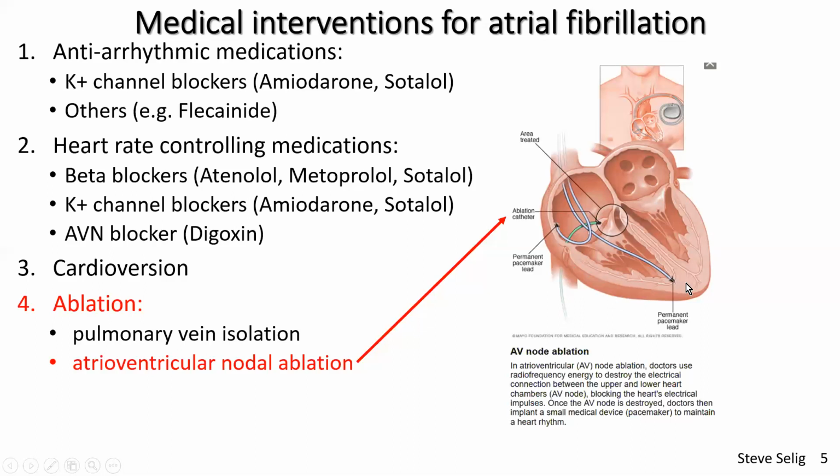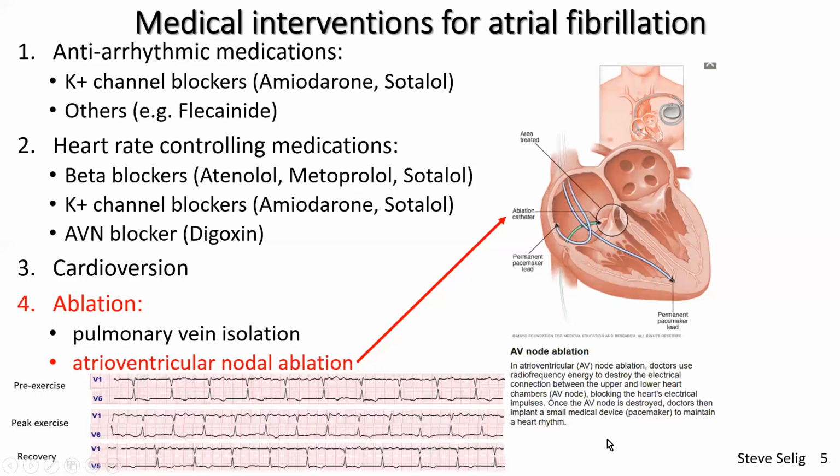Otherwise, this would be obviously dangerous because the ventricles would have to generate their own rhythm, which could be quite unsafe. So just to summarize, atrioventricular ablation electrically separates the upper chambers which continue in atrial fibrillation. So we're not ablating the pulmonary veins or any other part of the atria. They're ablating this otherwise healthy tissue, electrically separating atria and ventricles, and the ventricles must then be paced.